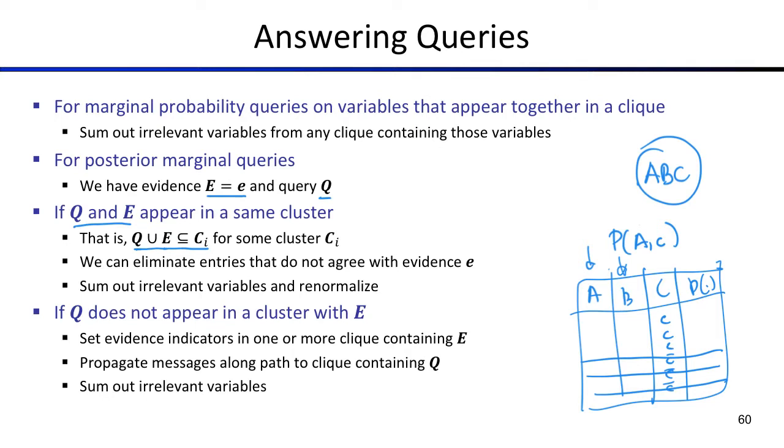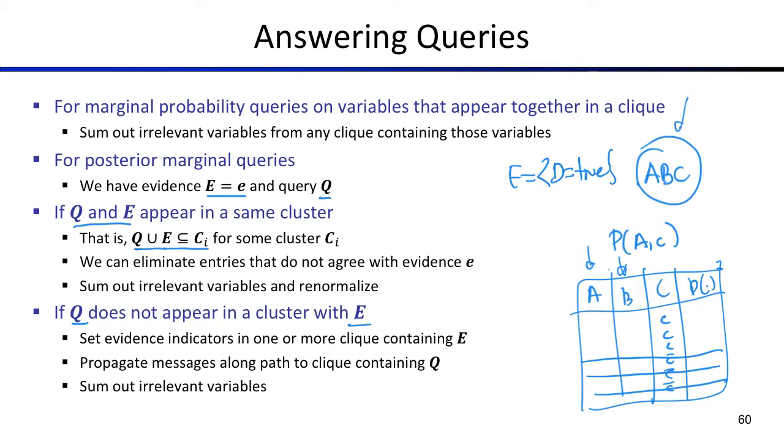The last case is a little bit more complicated: the variables in Q do not appear in a cluster with E. For instance, we have this cluster ABC, but I want to set evidence like D equal true, and D is another variable that does not occur in the cluster ABC.